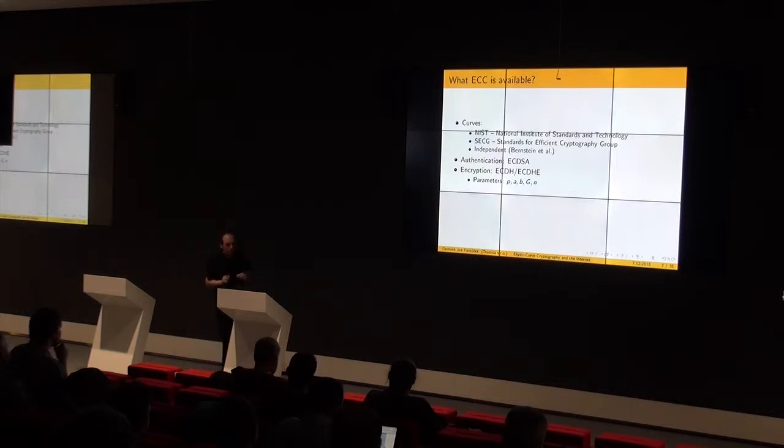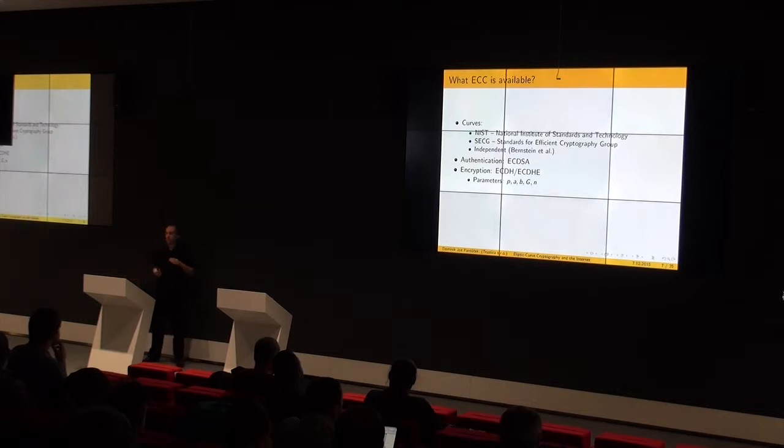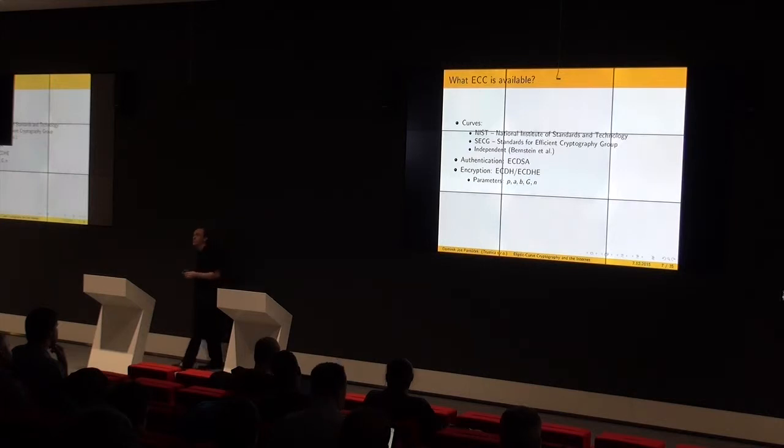Then you have to choose some point, called the generator of the group, and basically you can choose whichever point you want, but there are some restrictions. There are certain points you can't use, but once again, if you stick to the standard and choose the point according to the standard, you should be safe here.